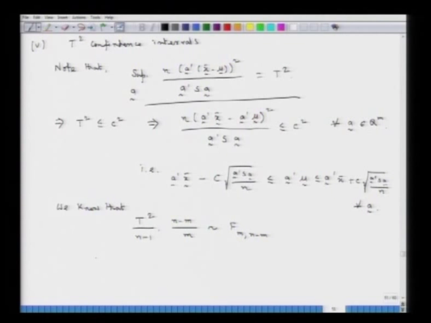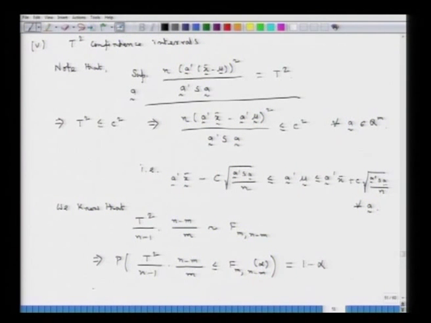So this would imply that the probability that T squared by n minus 1 into n minus m by m is less than or equal to F(m, n minus m, alpha), where this is the upper alpha percent cutoff point of this F distribution, is equal to 1 minus alpha.